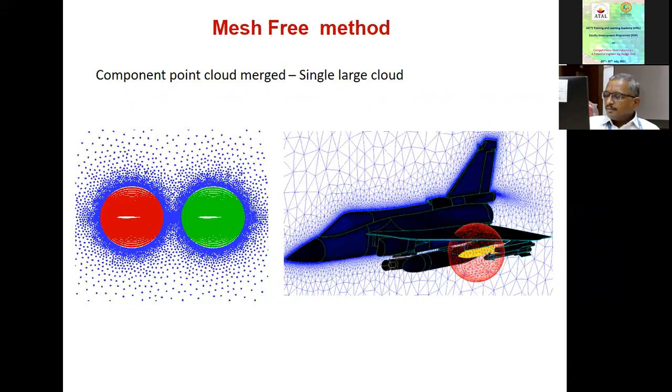Okay, so I hope this gives an idea of why mesh free. So I will again repeat the explanation. Why mesh free? When the geometry becomes quite complex, then generation of grids in the conventional way would require a lot of effort in terms of manpower and man hours.